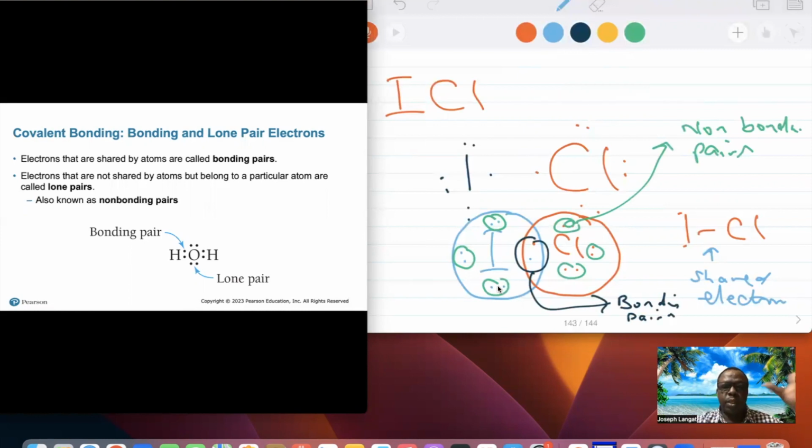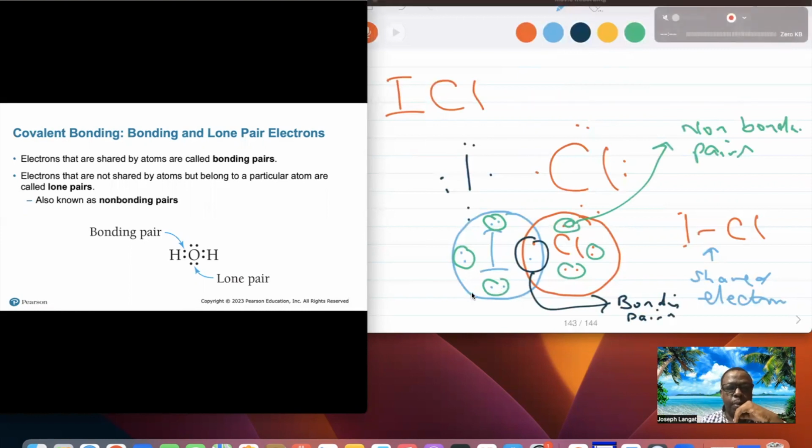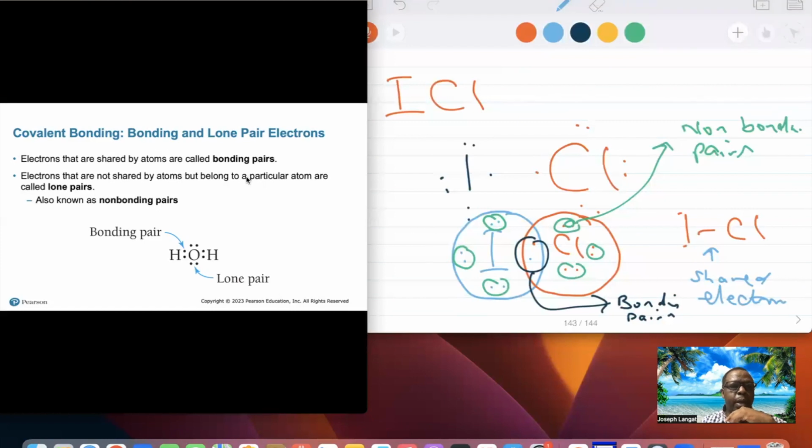So whatever is just hanging out and doesn't form a bond, we call non-bonding pairs. Sometimes we call those lone pairs, also known as non-bonding pairs.